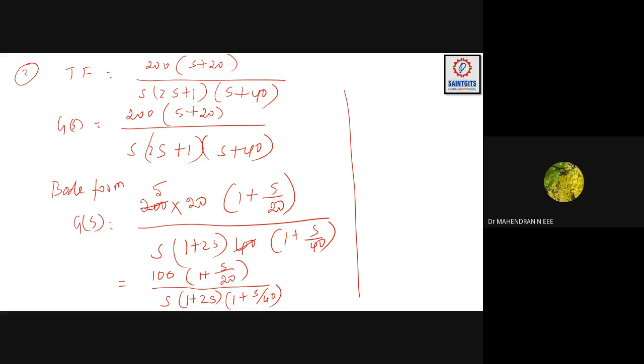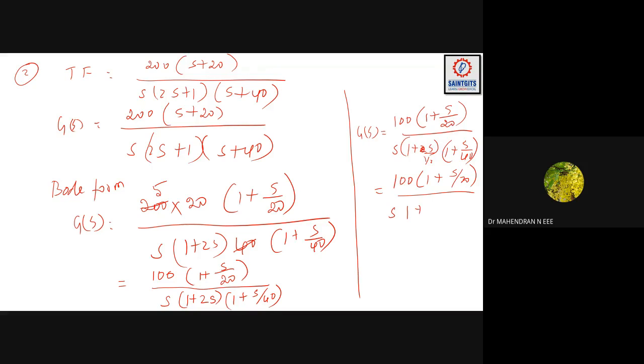Instead of 2s you can write s divided by 1 by 2, that is s divided by 0.5. So G(s) equals 100 into (1 plus s by 20) divided by s into (1 plus s divided by 0.5) into (1 plus s divided by 40). This is your final Bode form.